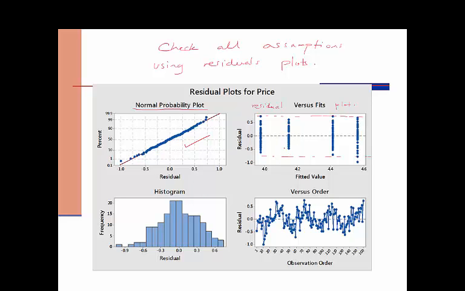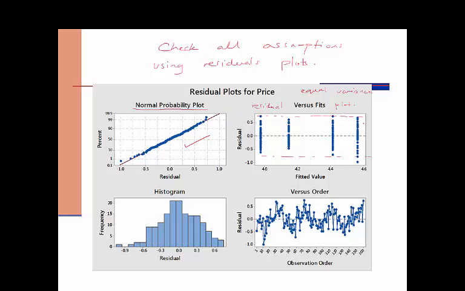This is the spread of the data. Okay, so if they are within some kind of bandwidth for this plot and there is no pattern happening, then that's good. So that will show constant variance or equal variance.